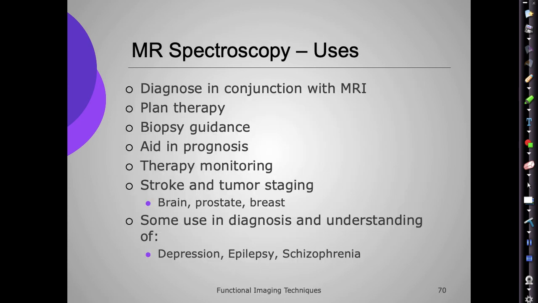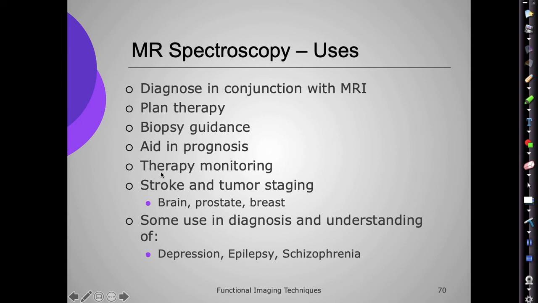So some uses of MRS: we use MRS in conjunction with conventional MRI. It's used to help plan therapy. It's good for biopsy guidance. It's very useful in aiding in prognosis, how well or badly a particular patient is doing in regards to the diagnosis that they were given.